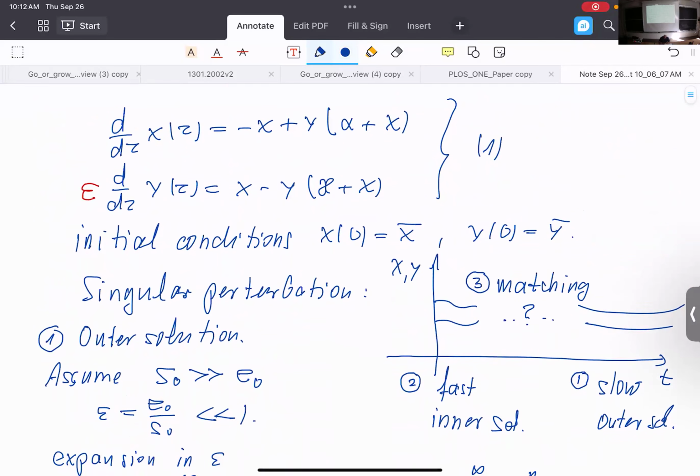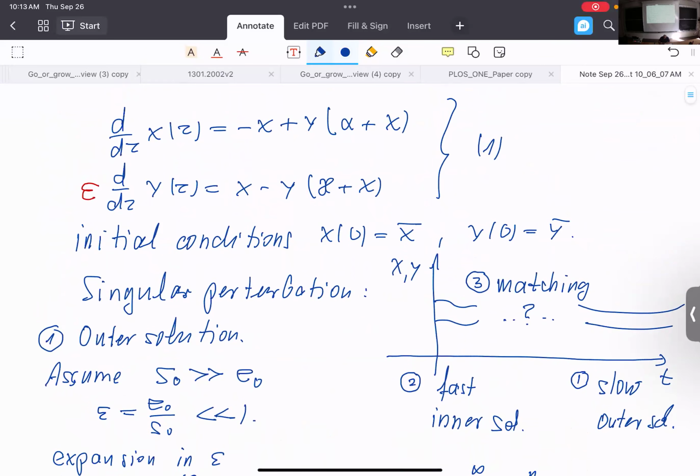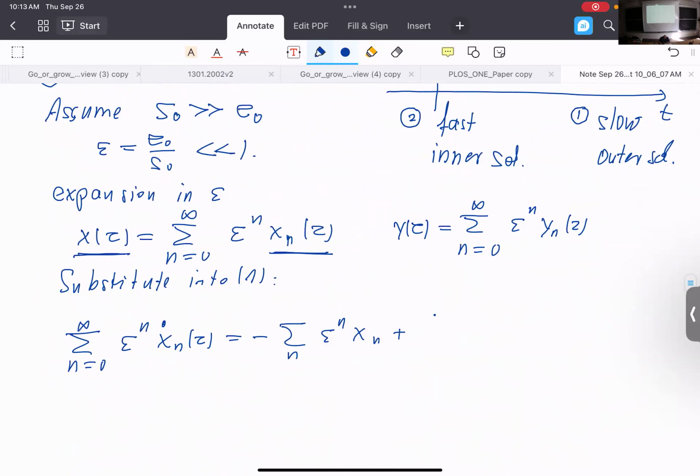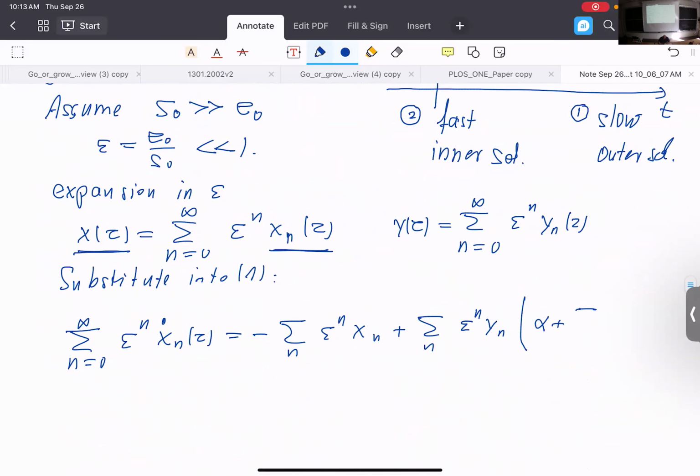On the right-hand side, we have minus plus r times this other thing plus y. Y is a sum, epsilon to the n yn, and then in brackets we have alpha n. It's a bit cumbersome, isn't it? You can do this. The other one, I just copy from my notes, but you know what's happening. So yn dot.